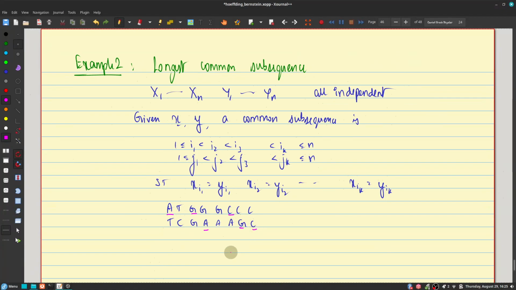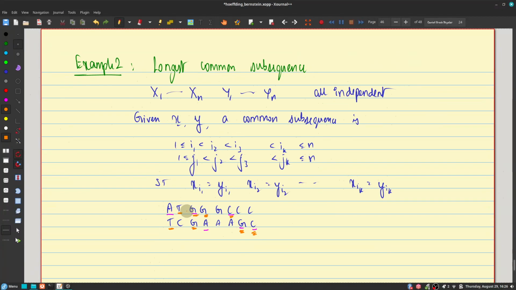This is one common subsequence, right? But it's not the only common subsequence. I can also find other common subsequences. So t, and then I can maybe look at this g, and then another g, and then a c. So the first one was a common subsequence of length 3. The second example is a common subsequence of length 4.